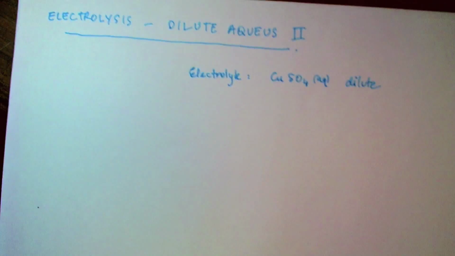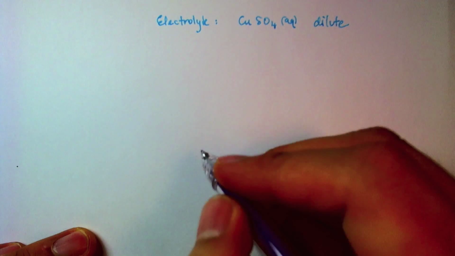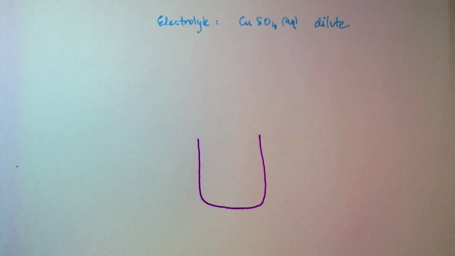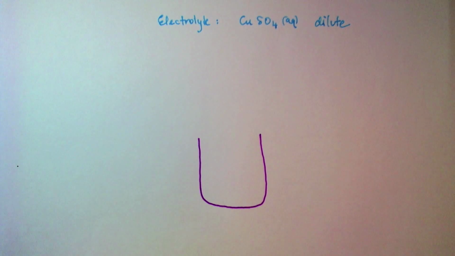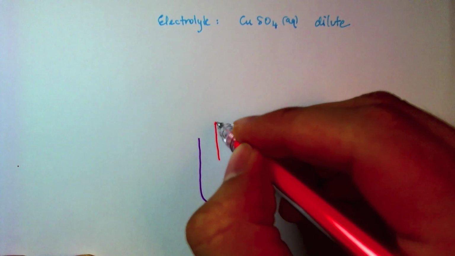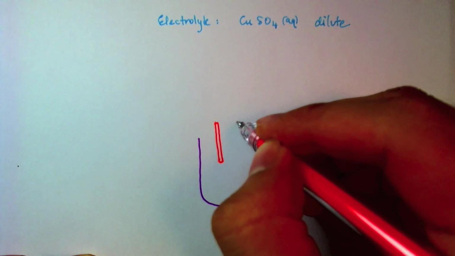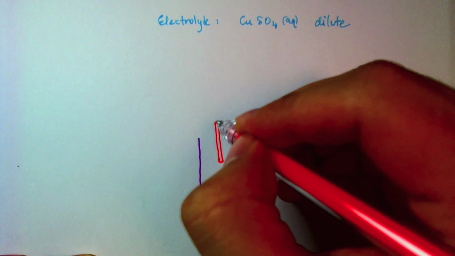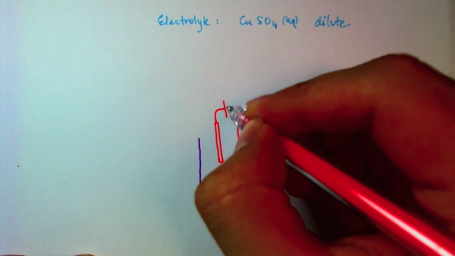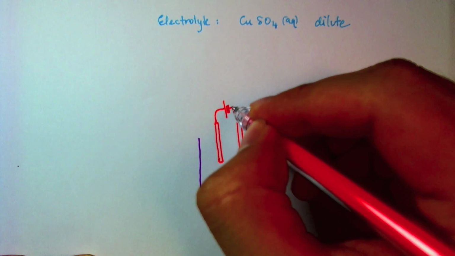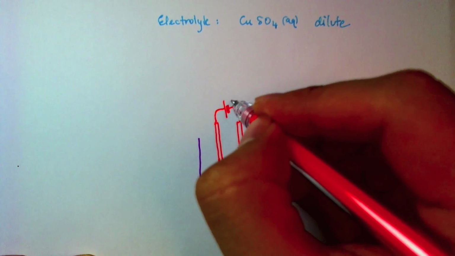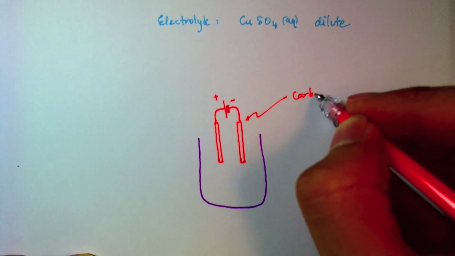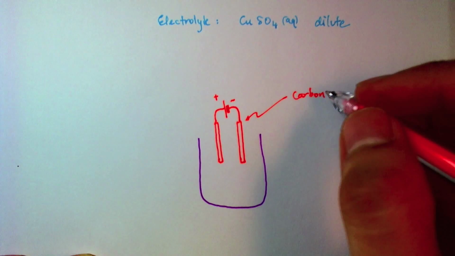So to start, we will once again bring out our beaker and our carbon electrodes. I'm choosing carbon electrodes. In later videos we'll look at what we get if we use non-carbon electrodes, but for now I don't want the electrodes to react with the solution, so I'm going to choose carbon since they're relatively inert with most things.